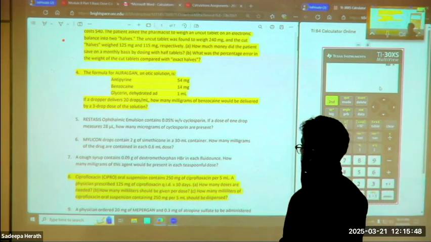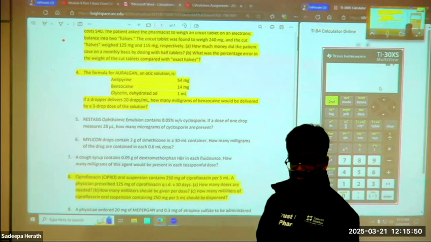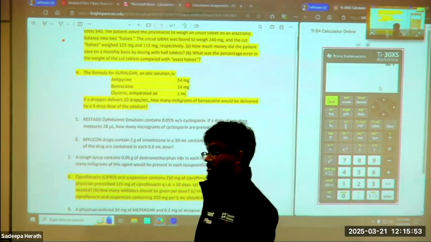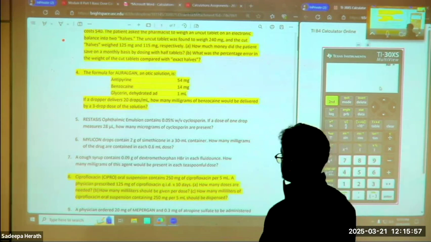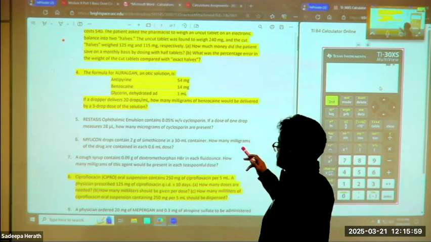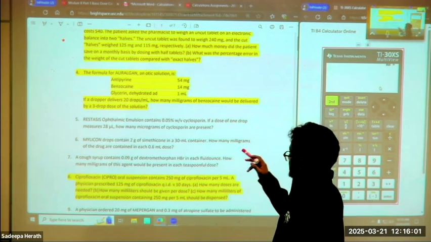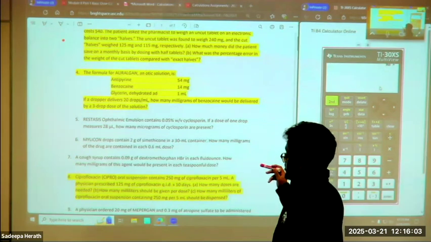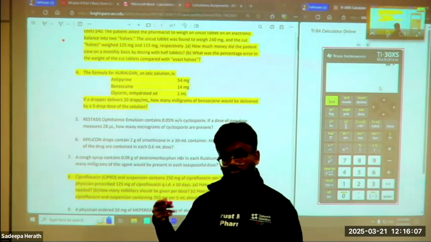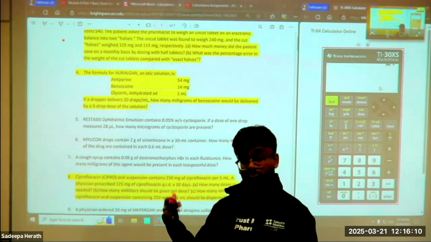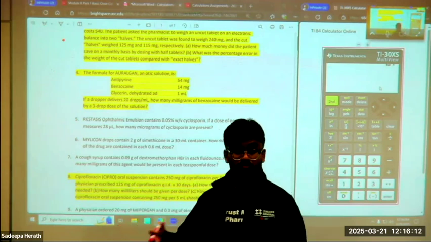Okay, so sounds messy, right? There's mLs, there's drops, there's milligrams. But let's go at it one at a time. We're thinking of dosing. So they say a dropper delivers 20 drops per mL. So we should first find out how many drops the solution will consist of, basically.